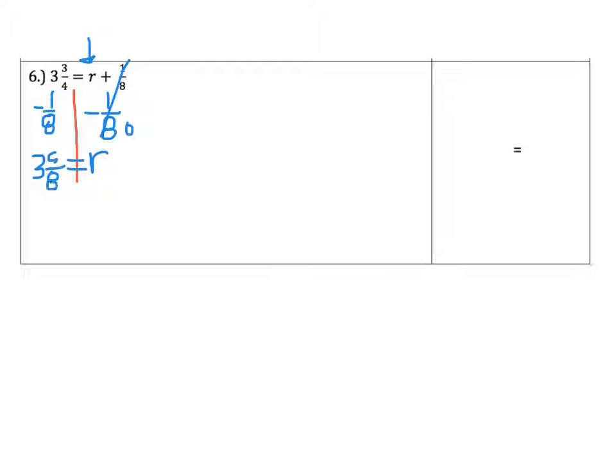5/8. Let's check it. Does 3 3/4 equal 3 5/8 plus 1/8? I can use the calculator to help me see what the second side equals, or I could use mental math. 5 plus 1 would be 6/8, and 6/8 simplifies to 3/4.